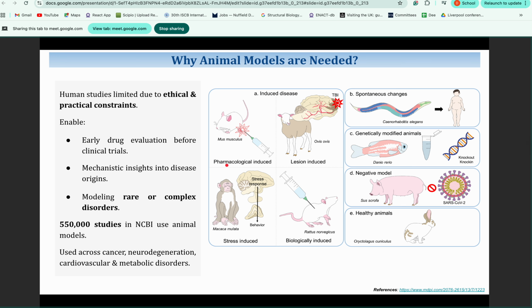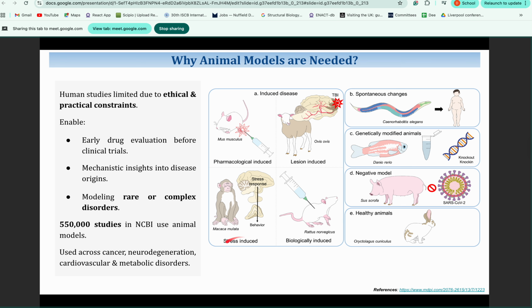That could be pharmacologically induced, meaning we use some vaccine to directly put particular antigens or anything related to that disease in Mus musculus, which is mouse. Or we induce lesions, in which we make some injury in some part of the brain or the particular region where we want to study.